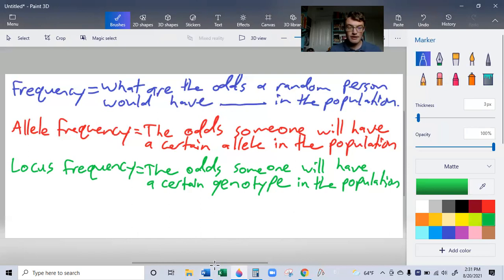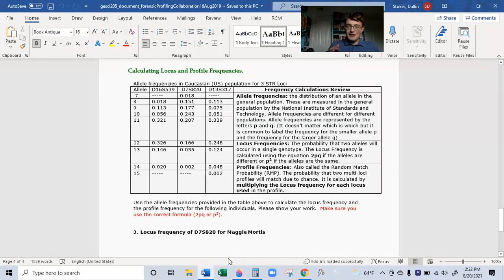So the way you calculate a locus frequency, this one has a little formula. Now, they teach you two different formulas here, and if you want to use those, you are welcome to. I find that people get confused with those ones because they accidentally use the wrong one. That's one of the most common mistakes I see on the exam: students get the formulas backwards, or they blend them together by accident, and they get the wrong answer.